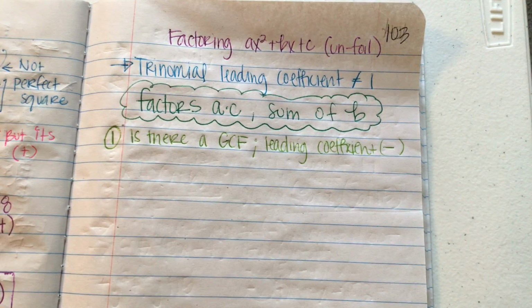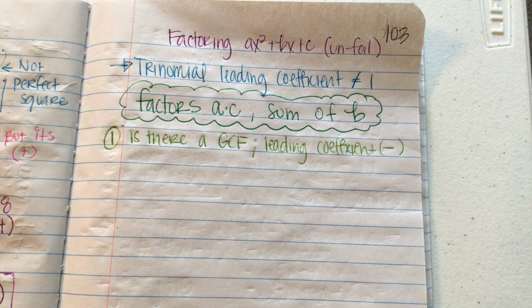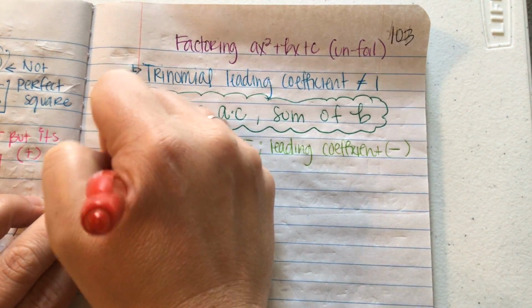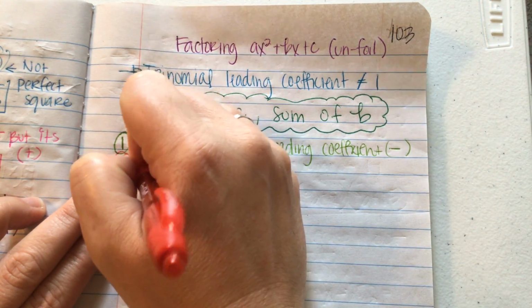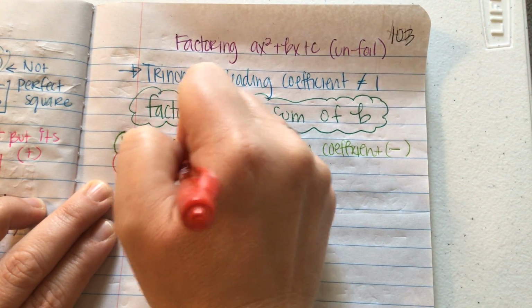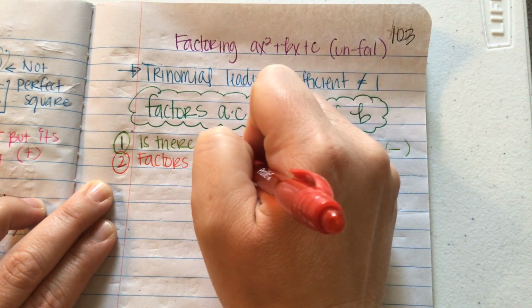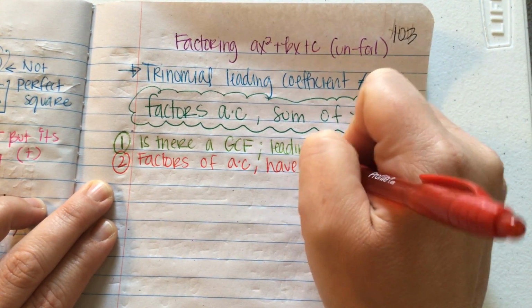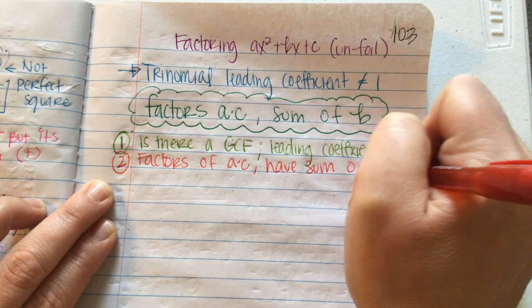If the leading coefficient is negative, or if there's a GCF, you need to factor that out first. After you do that, you're looking for factors of A times C that have a sum of B.